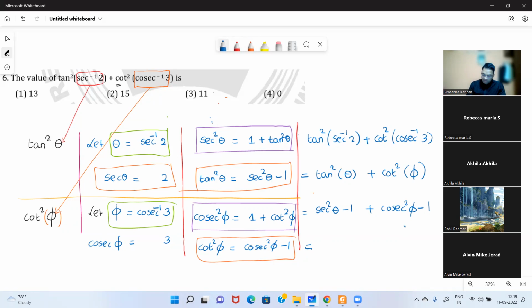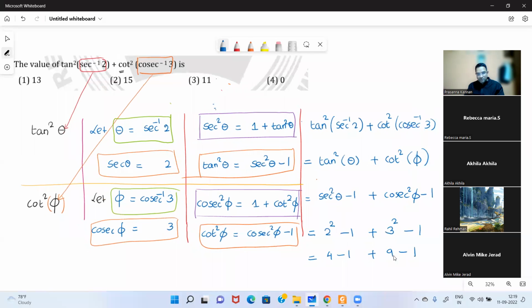So secant square theta will be 4, or 2 square, plus cosecant square phi. What is cosecant phi? 3. So cosecant square phi will be 9, or 3 square, minus 1. So this is nothing but 4 minus 1 plus 9 minus 1. Clear?